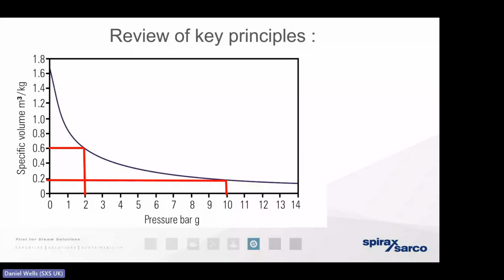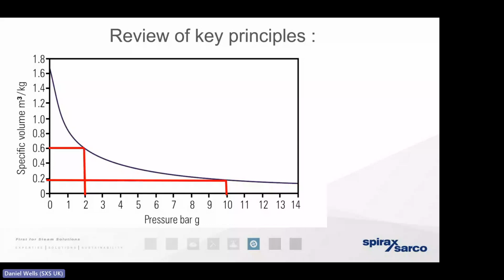So when we think about a steam trap in the distribution pipework, we're distributing that steam at a pressure of 10 bar gauge. It's got a very small volume. Now we need a pressure drop across that steam trap because the steam pressure needs to be capable of pushing the condensate away from the steam side to the condensate recovery side downstream of the trap.